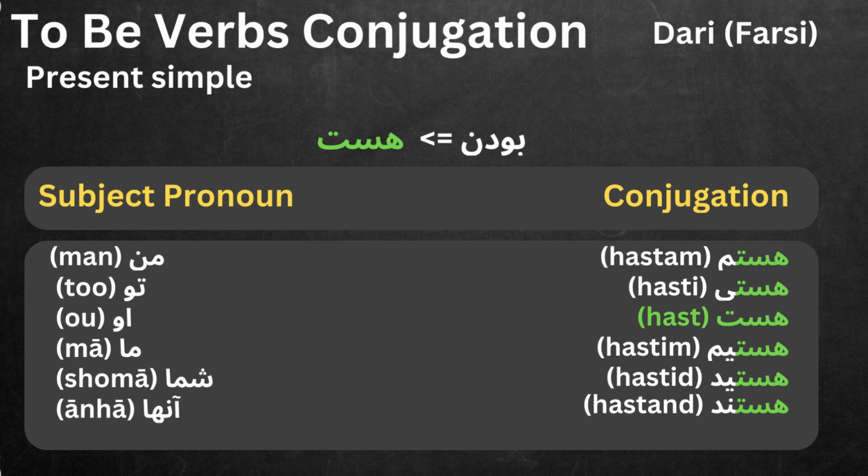The stem of the verb is written in green and the ending is written in white. So for man we have the conjugation هستم, من هستم, تو هستی, او هست, ما هستیم, شما هستید, آنها هستند.